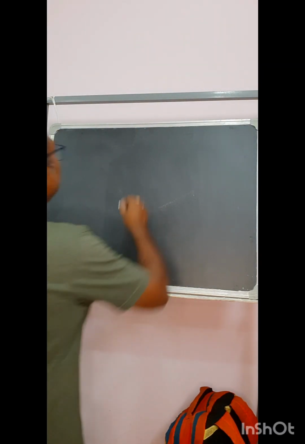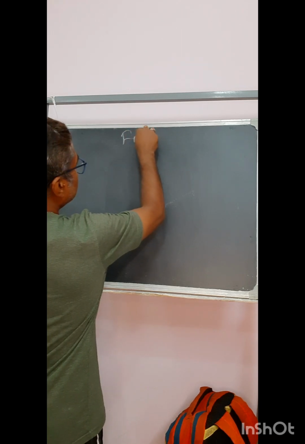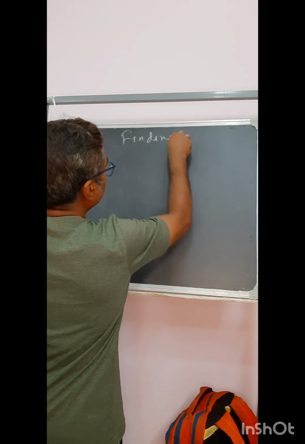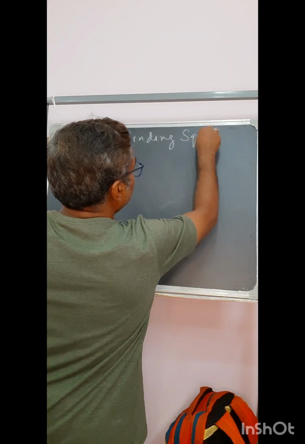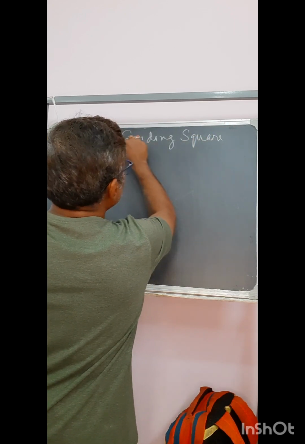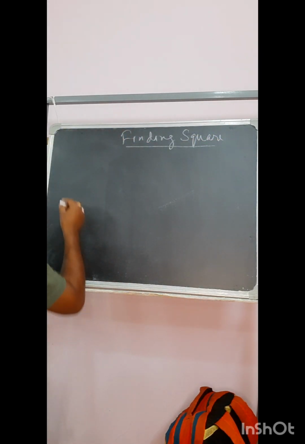Moving to the next, finding squares. To find a square, there are in total 3 methods that we can generally use.